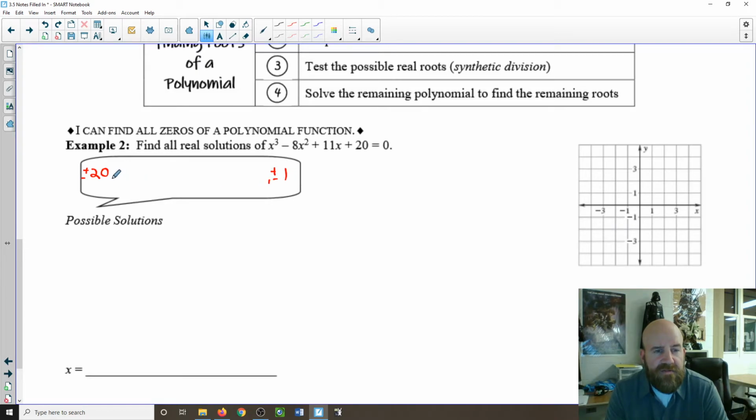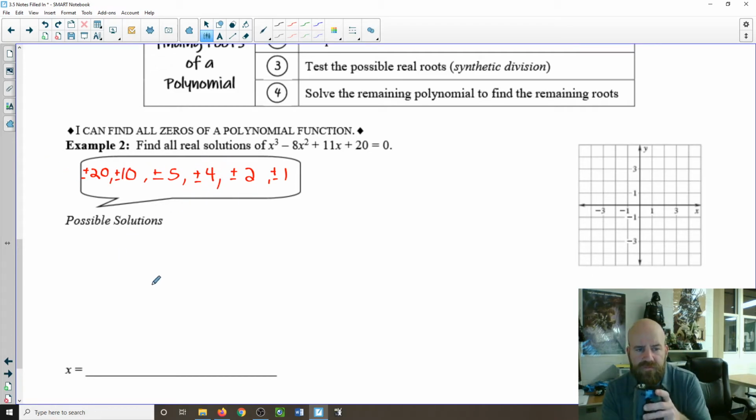We're going to have what else? 10 and 2. And 4 and 5. So we have, again, 12 possible numbers here. So we need to test these out now.